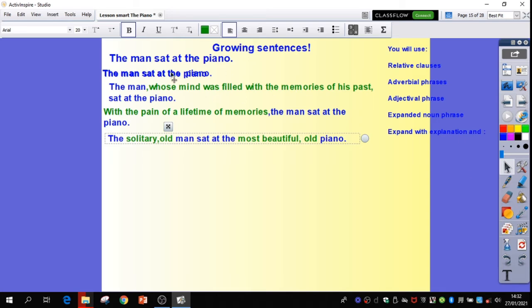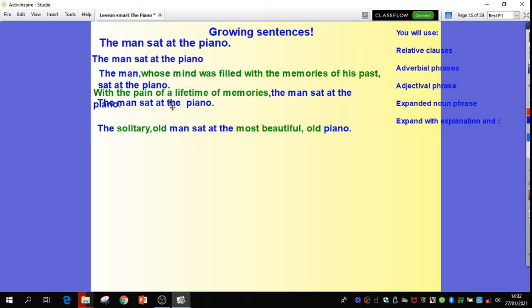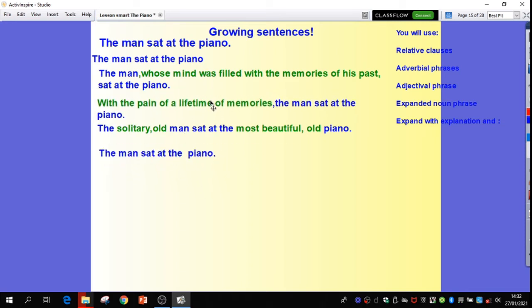Okay, drag this down again. So, expanded noun phrase, go to the noun. Okay, the man. Now an expanded noun phrase expands to the left and the right of the noun. So it's almost like an air hostess when she tells you to go out of both the exits of the doors. You go this way and you go this way.